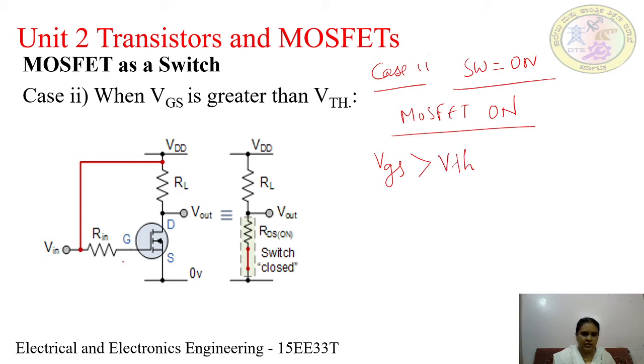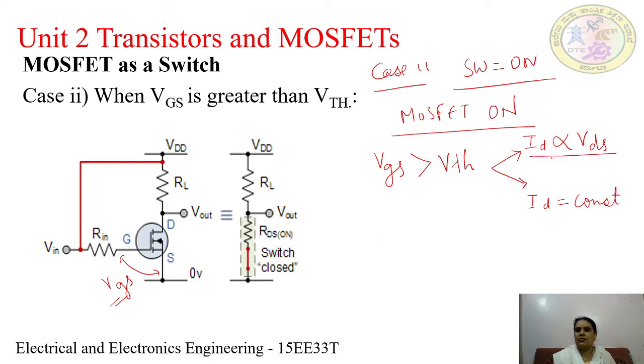This is the VGS, and it should be greater than VTH. In this case, we know the drain current exhibits two variations. One is the linear region, where the drain current is proportional to VDS, and the other is the saturation region, where the drain current behaves like a constant. This is just on the verge of the MOSFET conducting.